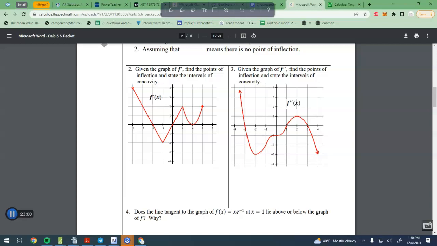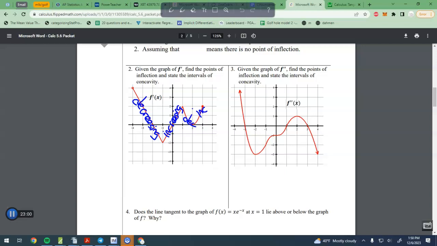So this is decreasing up until there. If f prime is decreasing, go back and look at the first page notes.